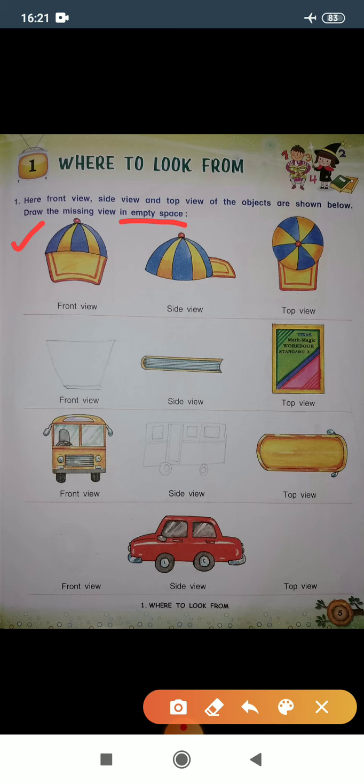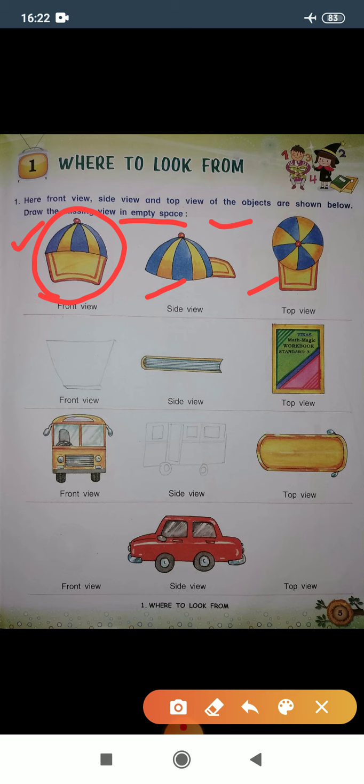The cap is drawn here. This is the front view, this is a side view, and this is a top view of the cap. So with the help of this we need to solve the other questions.